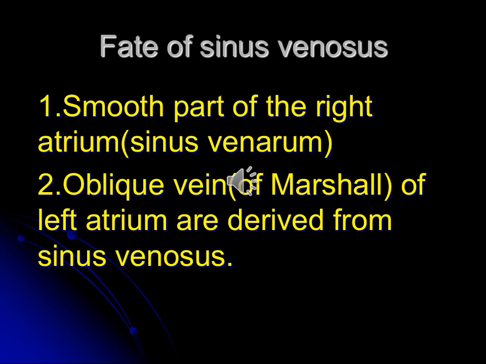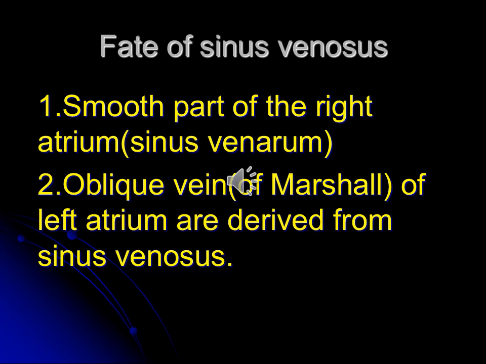The smooth portions of these chambers, which we have studied as sinus venarum in the right atrium, or fossa ovalis in the left atrium, infundibulum, that is the beginning of the pulmonary trunk in the right ventricle, vestibule in the left ventricle, all these smooth portions indicate that some other structure has come and fused or been absorbed into the existing chambers.